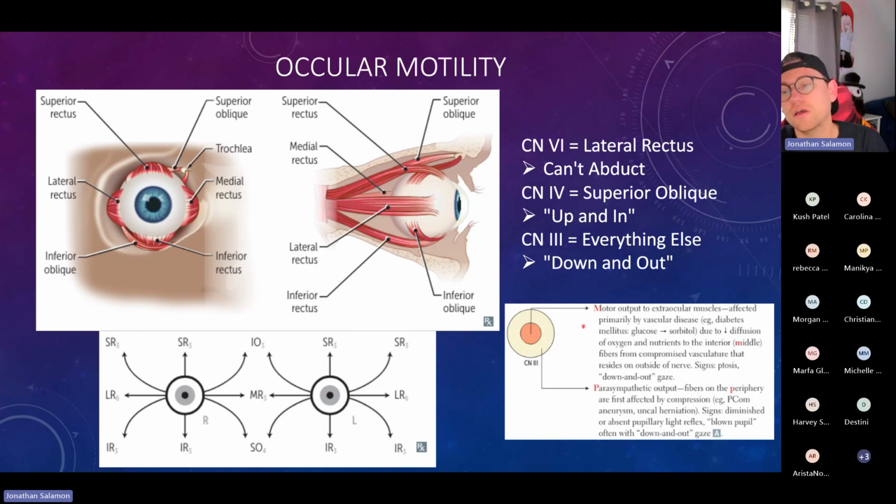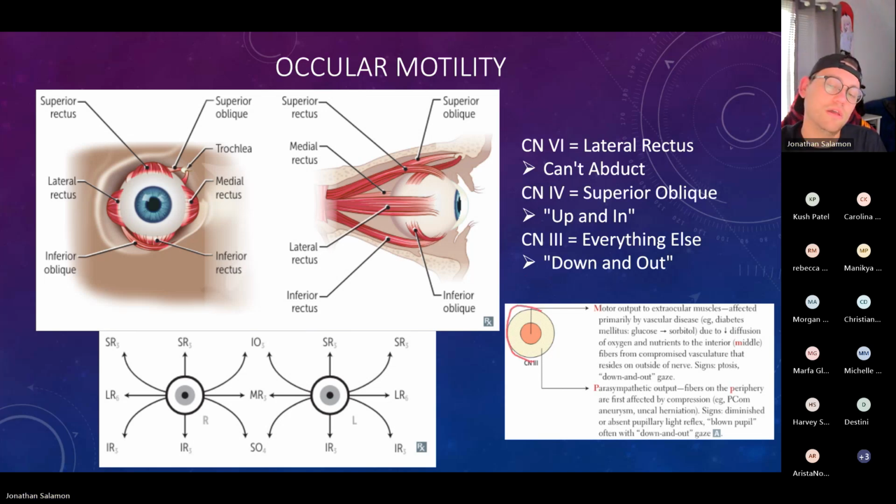The other thing to know is the way the nerve is structured. Motor output is the center of the nerve. Parasympathetic output is the periphery of the nerve. So what that means is, let's say I have diabetes. One of the ways that diabetes causes problems in your body is it glycosylates your blood vessels, so it hardens them, and you become really poor at delivering nutrients to your body.